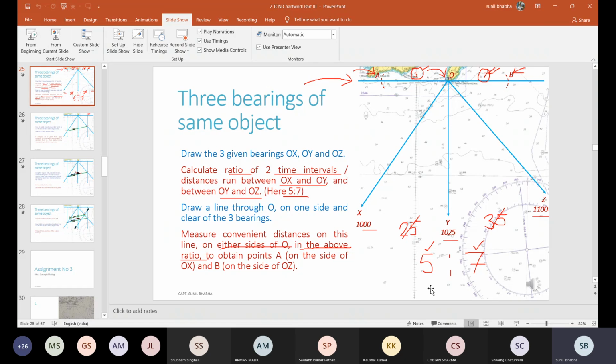It is not that you have to keep exactly equal to the number of miles as per the ratio. No, you can take any number of miles or any distance. Only thing to make sure is that the ratio is maintained. So you have to take a distance such that your plot is of a suitable size. It should not be too small, because if it is too small, the accuracy will be less.